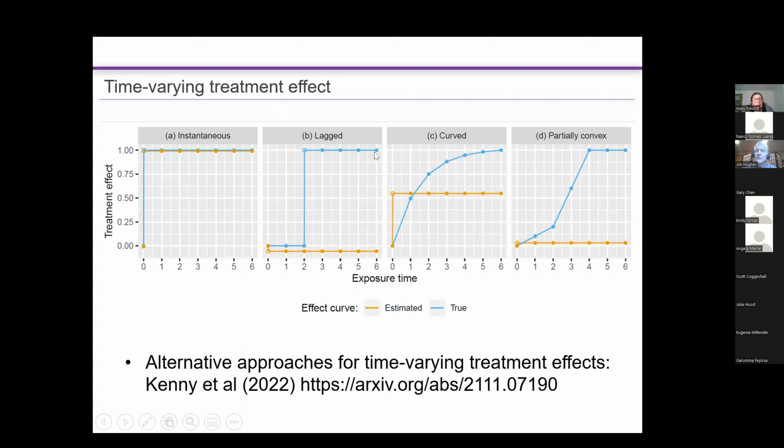But importantly, some of those weights can be negative and others can be greater than 1. And so what happens in this example is these time points get a weight of greater than 1, but these time points get negative weights. And so hence, this is the estimated treatment effect.